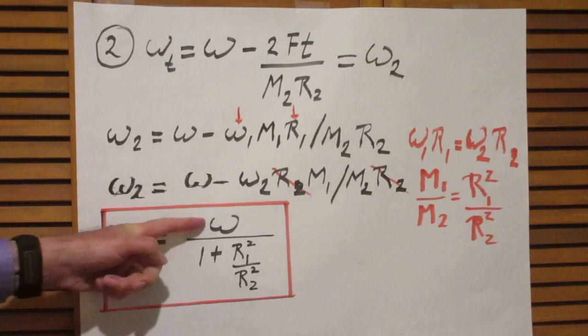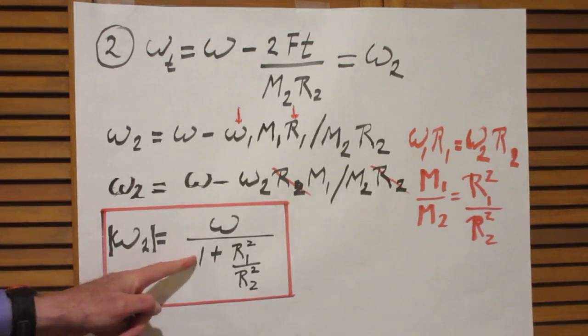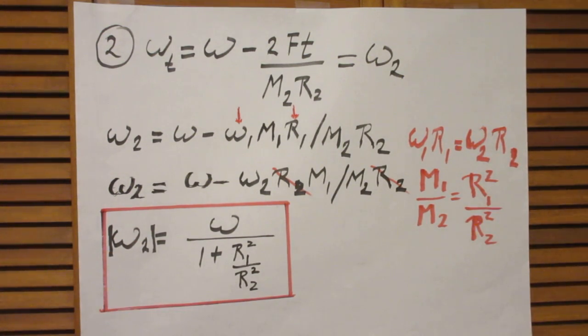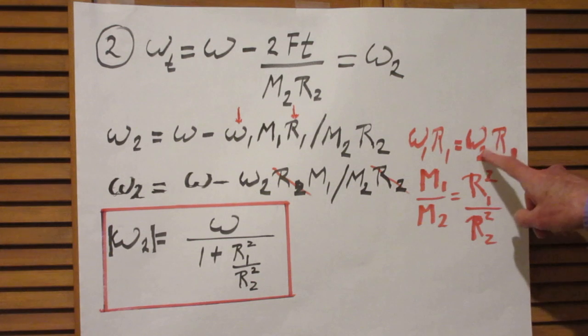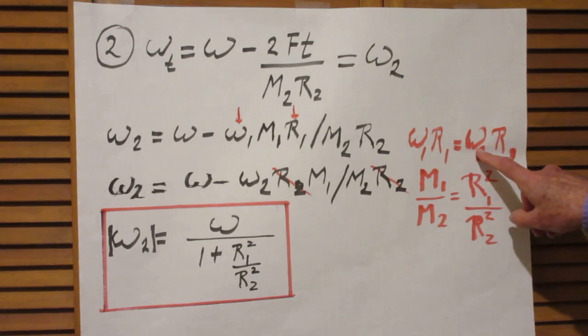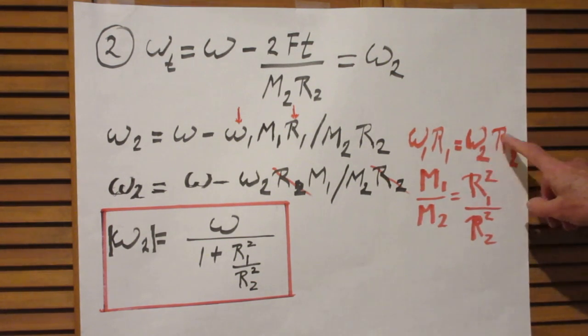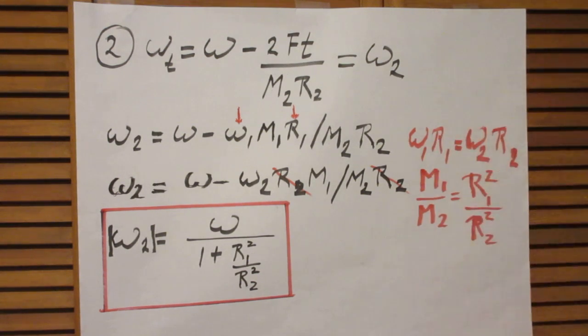So that is omega divided by 1 plus r1 over r2 squared. So how about omega 1 now? Well, that's a piece of cake. If I have omega 2, then all I have to do is multiply it by r2 over r1 and I get omega 1.